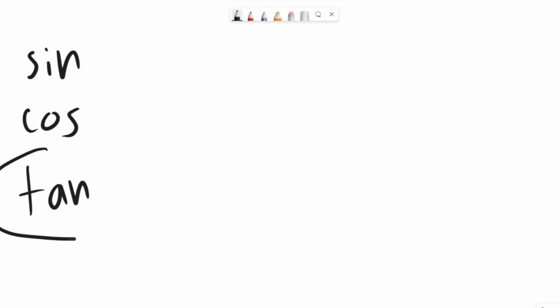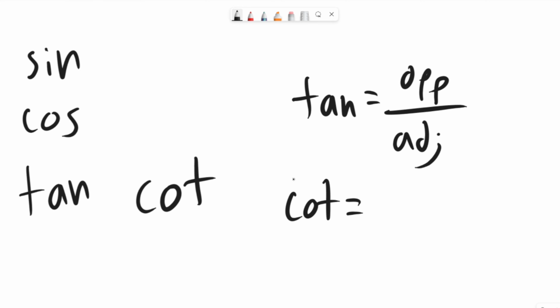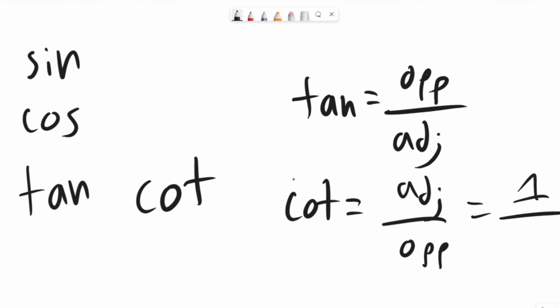That's not the only function that gets a complementary. There's also a complementary to the tangent function. It's called cotangent. And if tangent is the opposite over the adjacent, then the cotangent is the adjacent over the opposite. It's also just 1 divided by tangent, so it's the reciprocal of the tangent function.